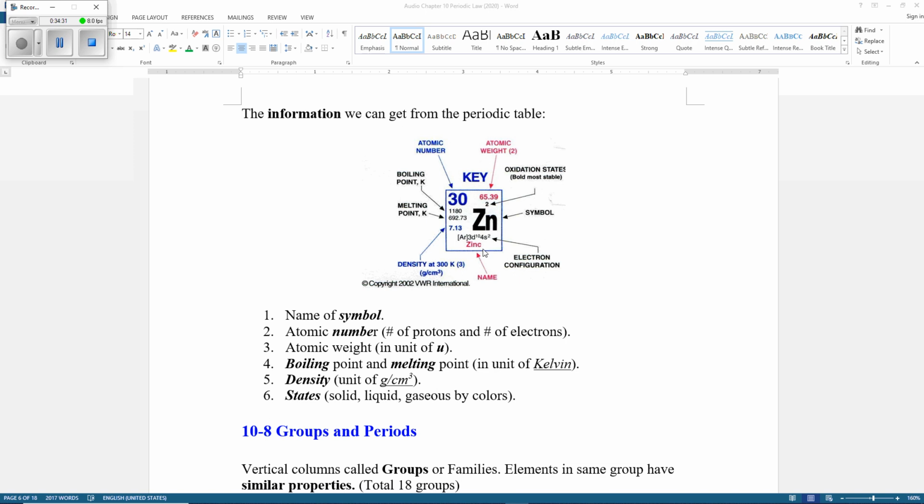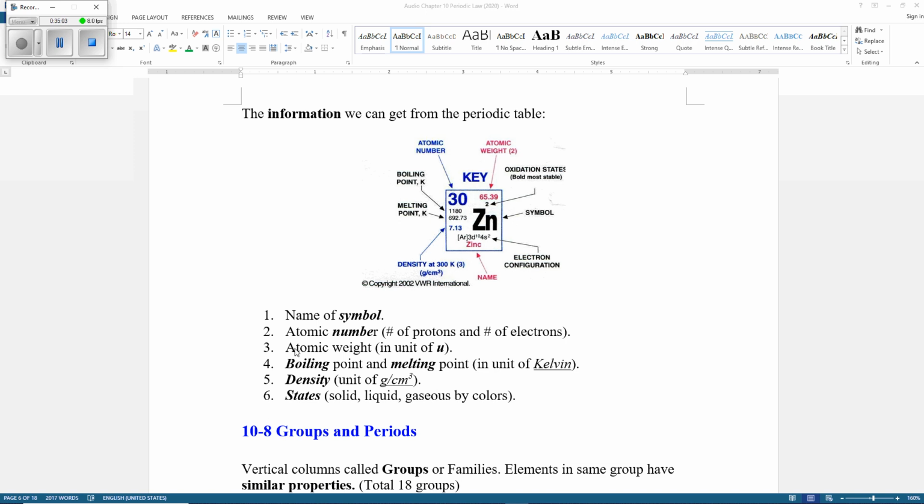Now, the atomic number. This number is very important, 30. With this number, of course, you can find the position of zinc in the periodic table. And this also tells you the number of protons and the number of electrons. So this atom, zinc, has 30 protons, the positive charge, and 30 electrons.